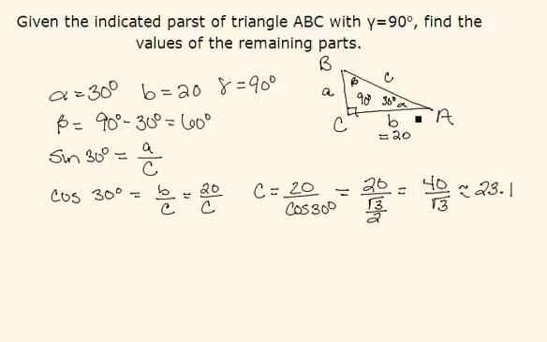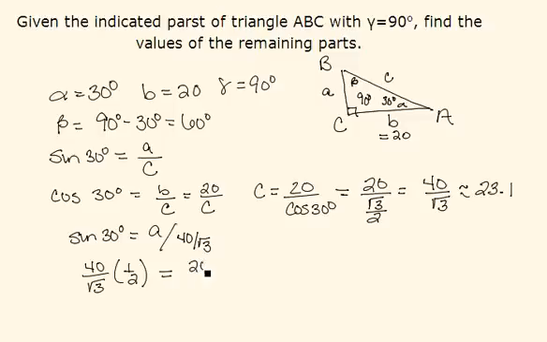We now can find a by recognizing the sine of 30 degrees is equal to a over c. If we wanted exact, c is 40 divided by the square root of 3. Multiply both sides by 40 over the square root of 3, recognizing that sine of 30 degrees is 1/2, giving us a as 20 over the square root of 3.